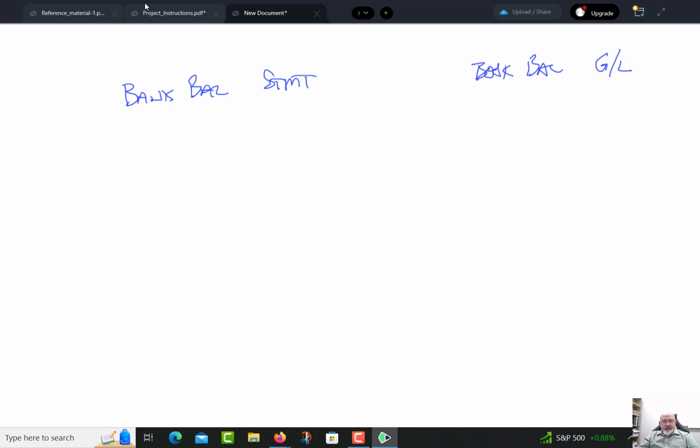For the bank statement, we want to add any deposits in transit, which means these are deposits that we know we made, but they're not showing up on the statement. So we have the deposits in transit that we're adding, and we're going to deduct outstanding checks.